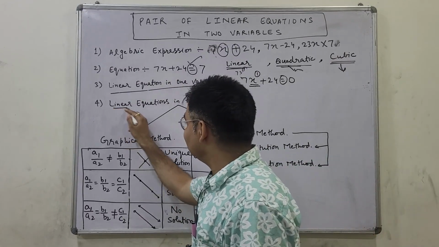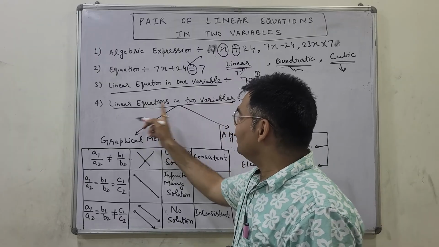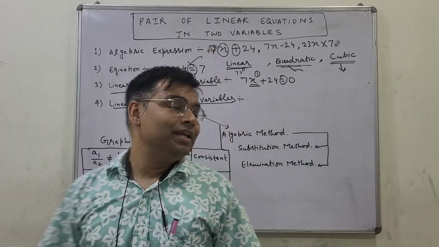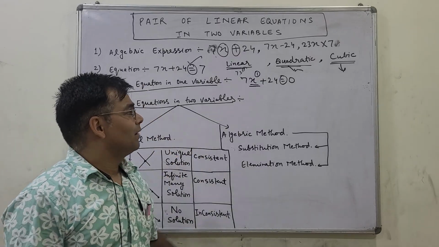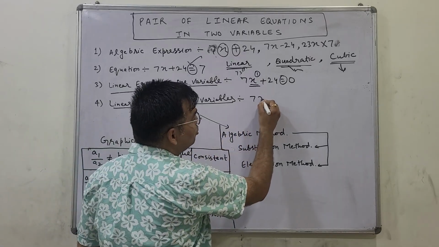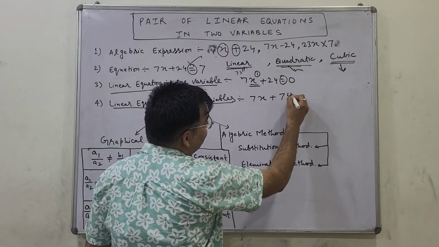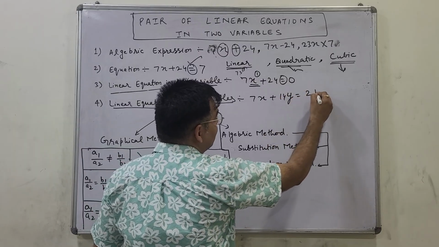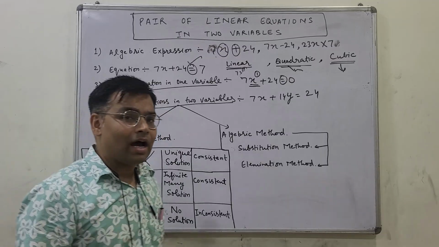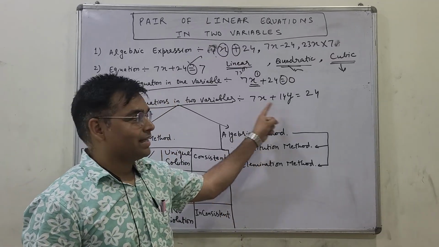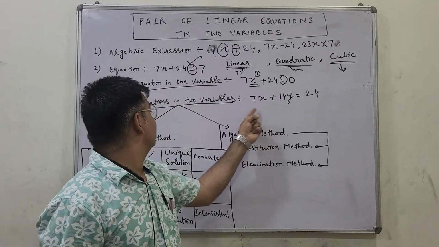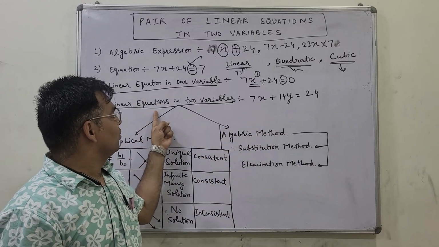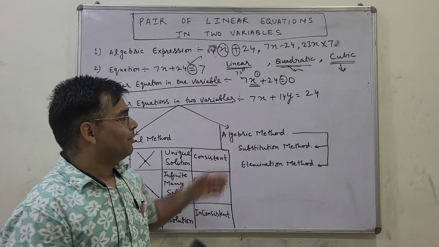Now let's discuss the linear equation in two variables. That's the name of the chapter, the linear equation in two variables. When there are two variables, one is x and another is y, then that equation is called a linear equation in two variables.